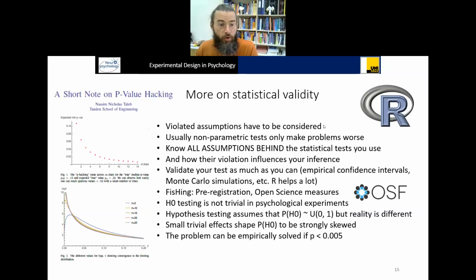Violations of assumptions are kind of common in empirical research, but not all violations of assumptions are equally bad. Some of them may be quite harmless. So it depends on which assumptions are violated and the degree of violation.